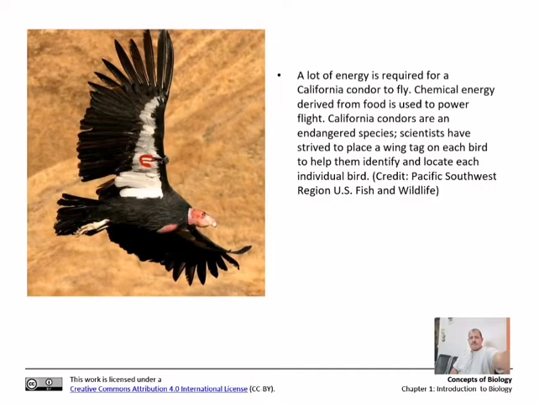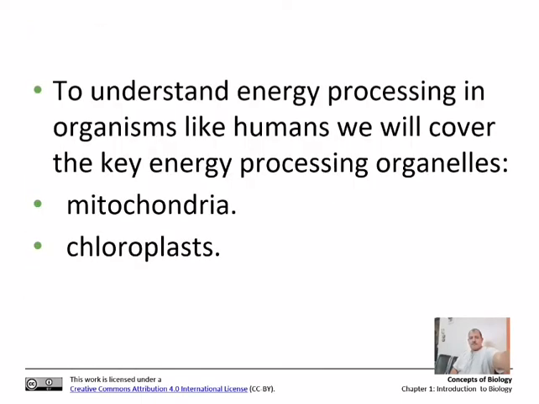To understand energy processing in an organism like a human, we will cover the key energy processing organelles: mitochondria and chloroplast. What are mitochondria? They are parts of the cell, or organelles in the cell, that burn sugar and produce energy.